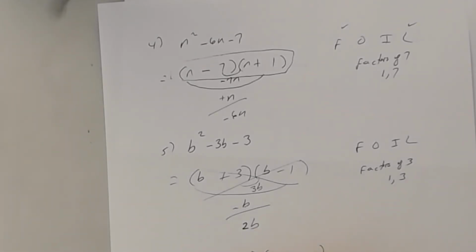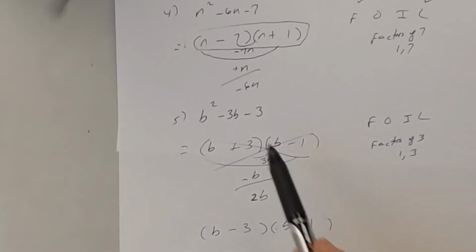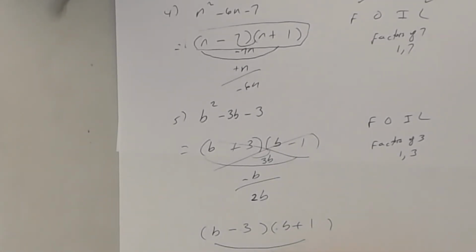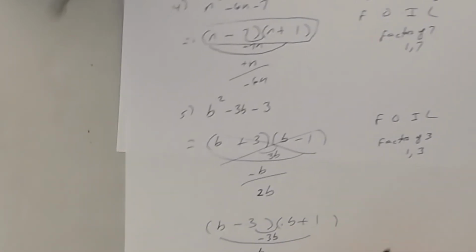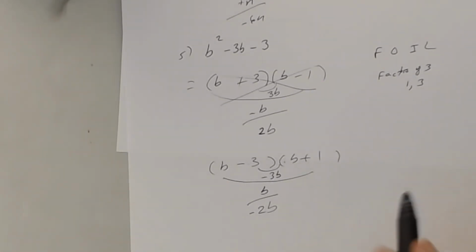So you could say b minus 3, b plus 1, right? All right, let's check it. B times b is b squared. A negative 3 times a positive 1 is still a negative 3. But I got to check down the inner. What's the outer? B. What's the inner? What do I get when I combine them? That's not what I wanted. Huh.